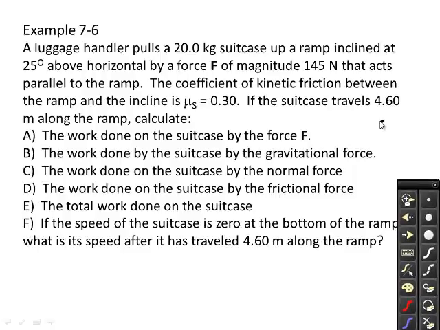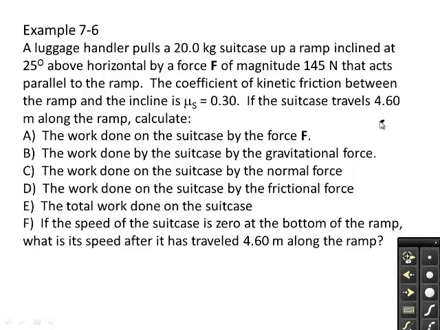Okay, this looks good. All right, so I've got this ramp. I've got a suitcase on it. Let's see, we've got weight. We've got the force that's being applied to the thing. We've got the normal force.